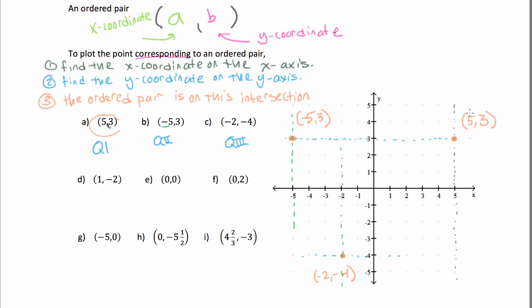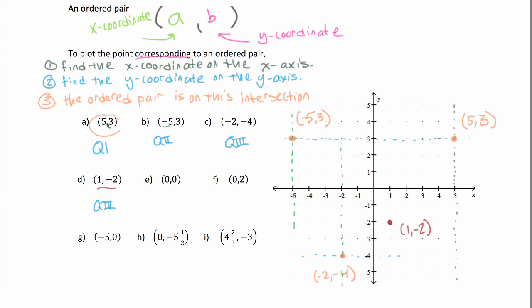This has an x-coordinate of positive 1 and a y-coordinate of negative 2. Now these dotted lines, you don't need to actually draw those every time. You're welcome to, but all I need to do is find 1 on the x-axis, find negative 2 on the y-axis, and I can just visualize those lines, and it's right here. 1, negative 2. And that now is in quadrant 4.